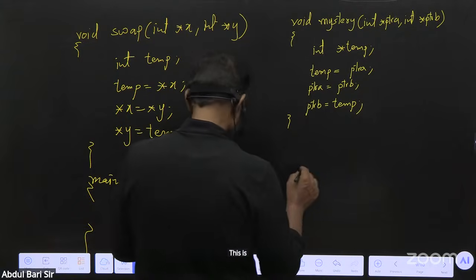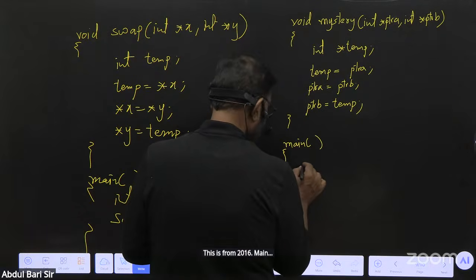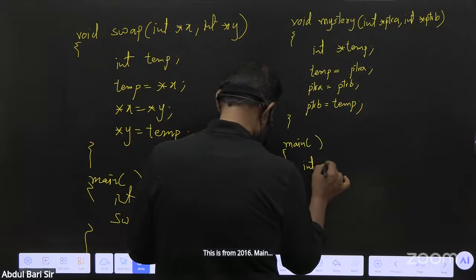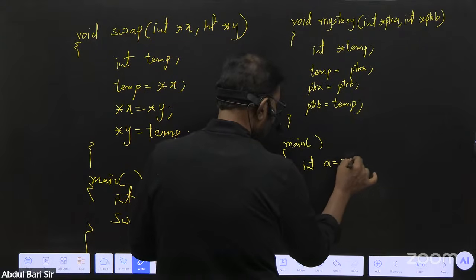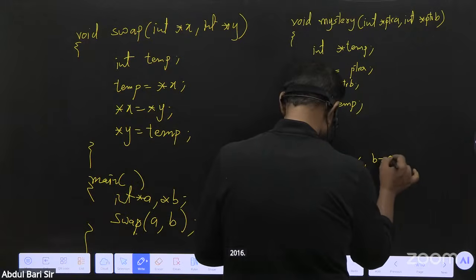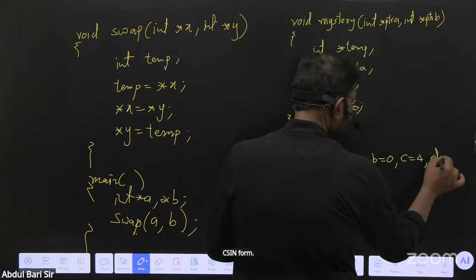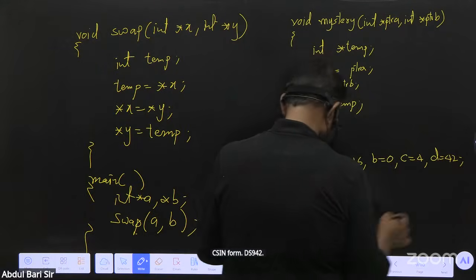This is from 2016. Main: A assign 2016, B assign 0, C assign 4, D assign 42.